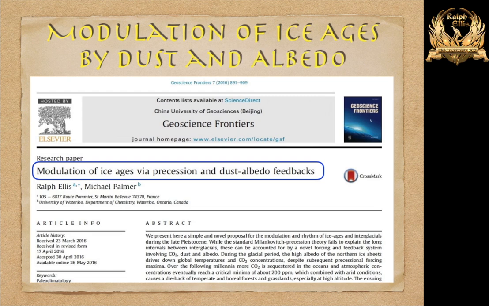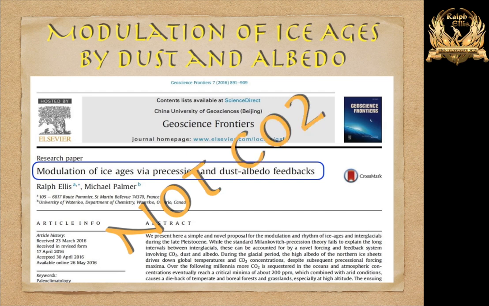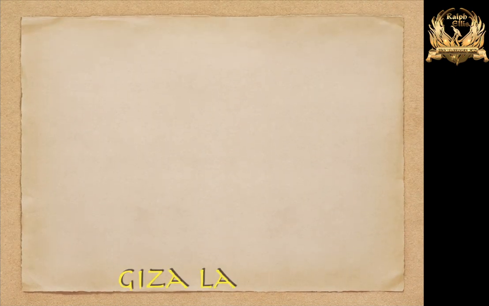It's been very successful, actually, very controversial, because it says that CO2 was not the primary feedback agent that was controlling ice ages. It was dust and ice sheet albedo, the reflectivity of the ice sheets. So do have a look at this. There is a talk here on this site about the modulation of ice ages. So that's one way we can use precession, but we can also use it for dating our megaliths.